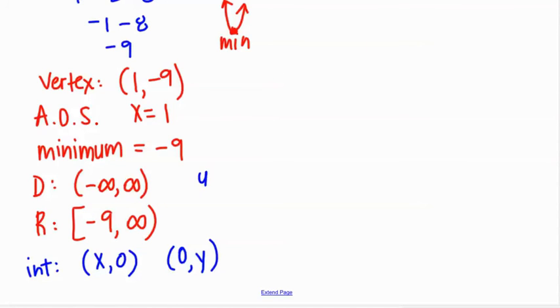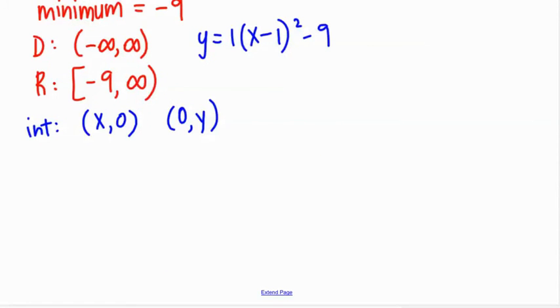So again, we have y equals 1 times x minus 1 squared minus 9. The x-intercept is the value of x when y is 0.